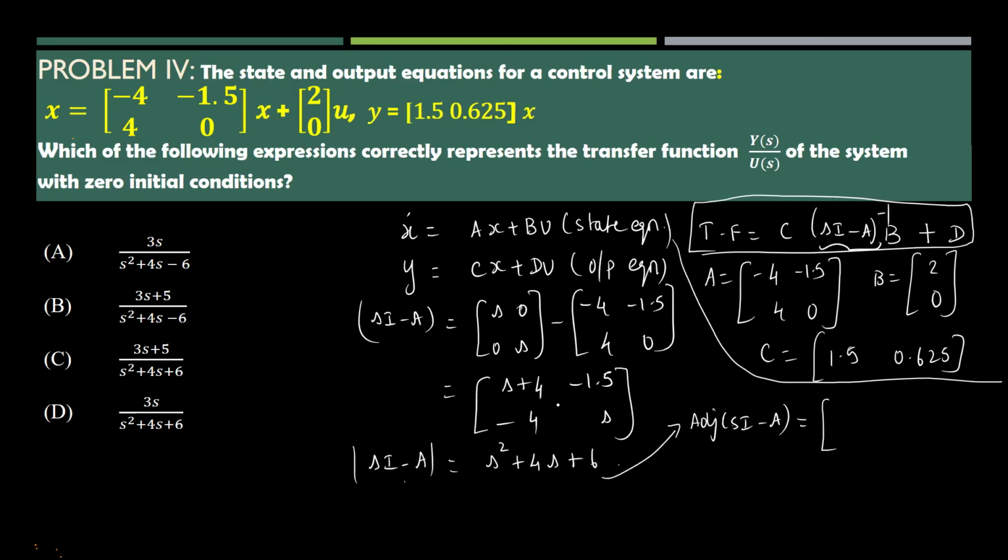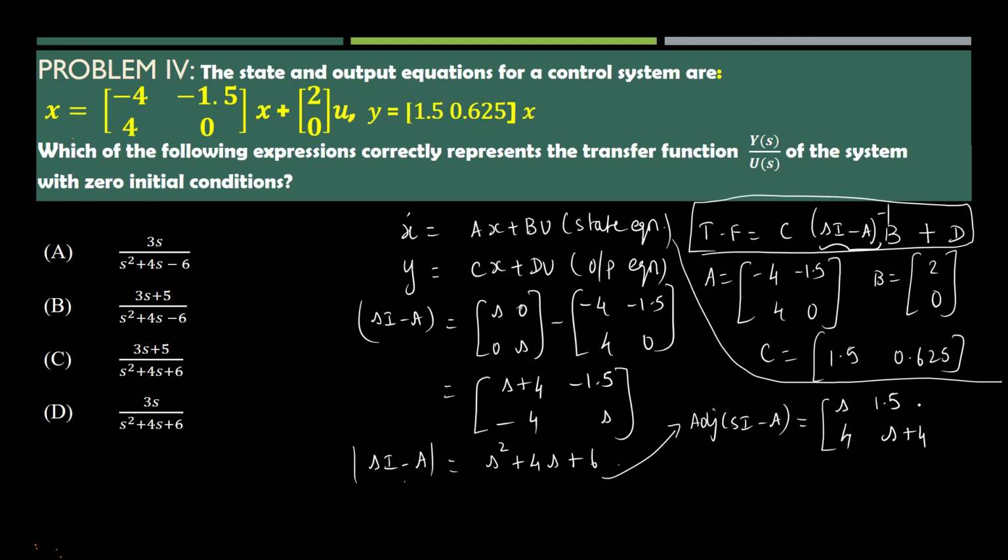Let me find the cofactor and transposing that cofactor matrix, it will become s, minus 1.5, 4, s plus 4.